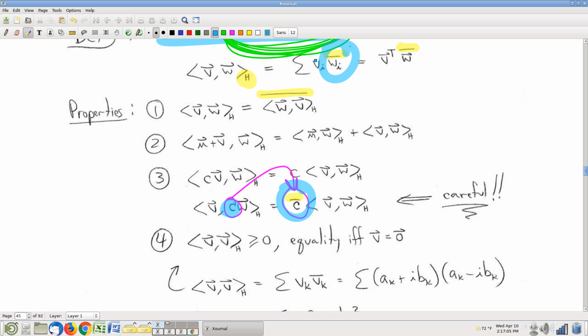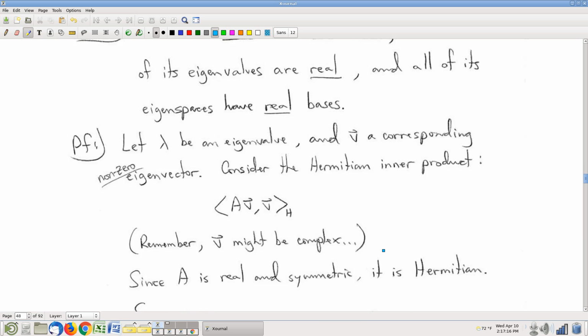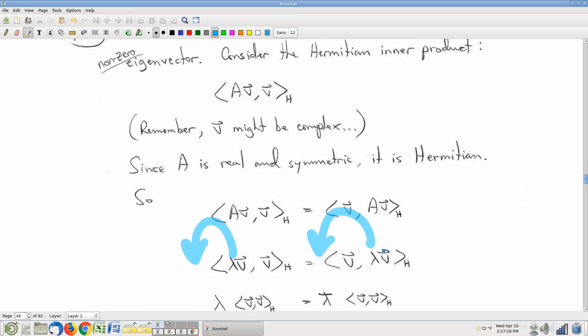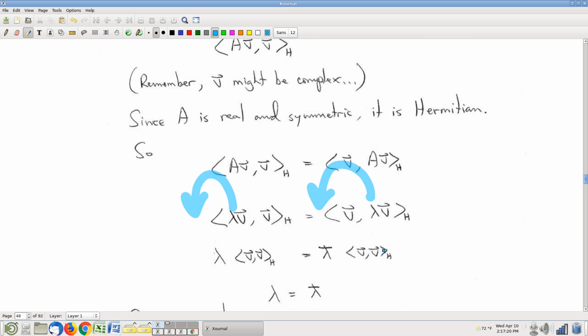You have to do that, otherwise your properties don't make sense. So that conjugate is not arbitrary, that's what makes the construction meaningful and natural. So, not forgetting to conjugate the factor on the right, I get here lambda bar, not lambda.